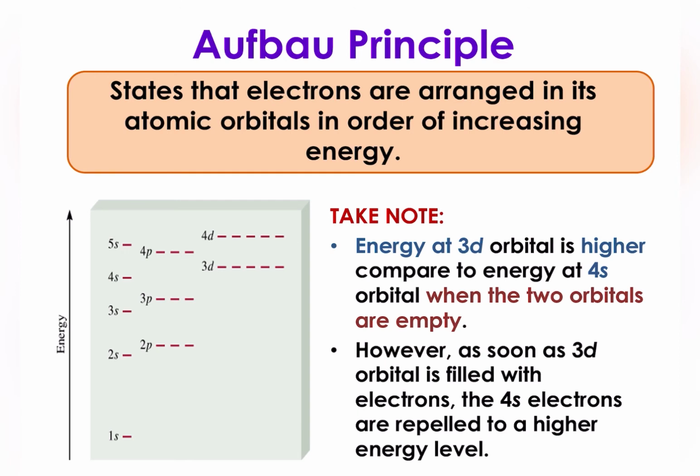But as soon as you fill in electrons in 3d orbital, 4s will be repelled to a higher energy level. So this part is a bit special and you have to focus here, because later you will apply it for atoms that have more than 20 electrons.